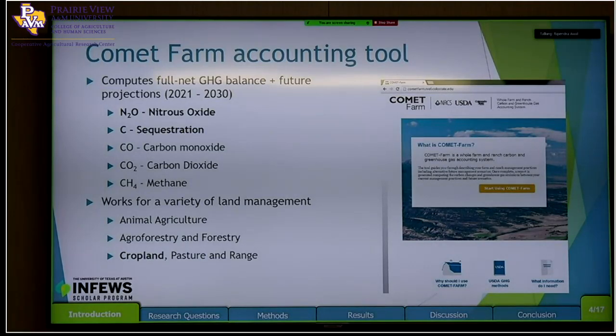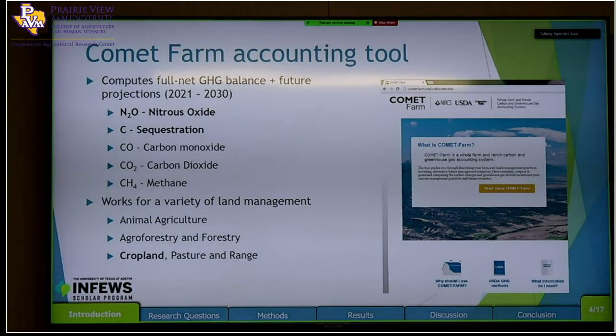So I'm using the COMET-Farm accounting tool, which was generated by the USDA in collaboration with the NRCS and Colorado State. That tool is very handy. It's a decision-making tool specifically for farmers, and it computes a full net greenhouse gas balance and future projections, specifically from 2001 to 2030.